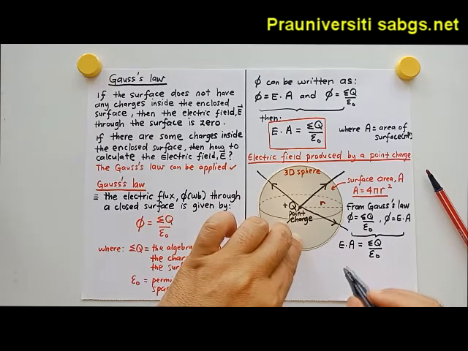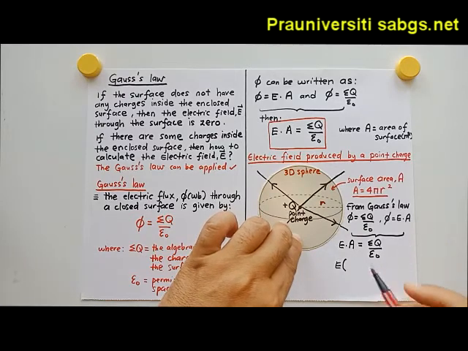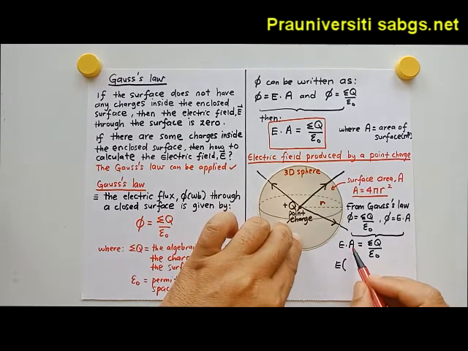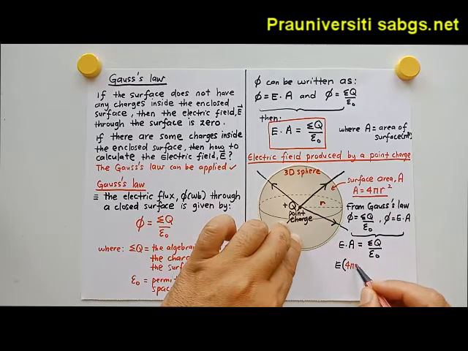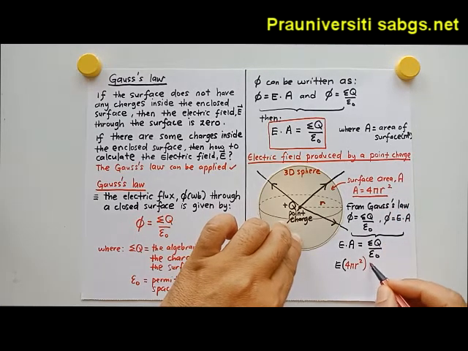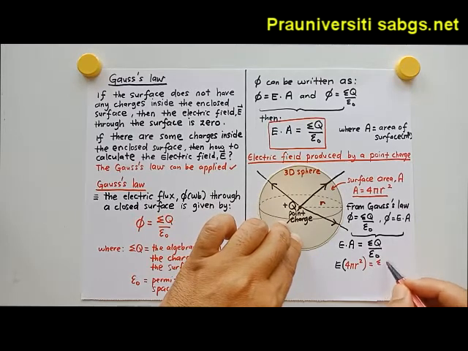So we continue. E times A, A is 4 pi r squared, equals the total of Q over the epsilon naught.